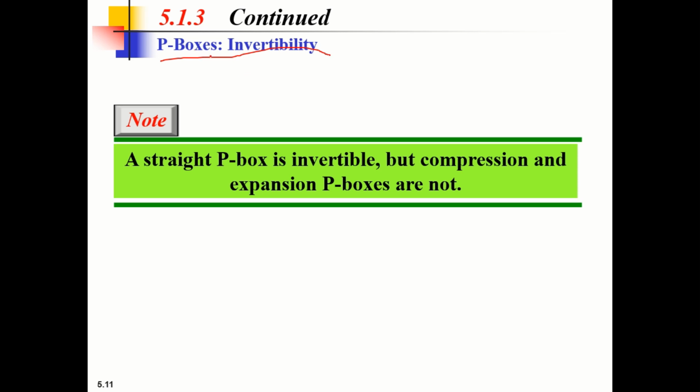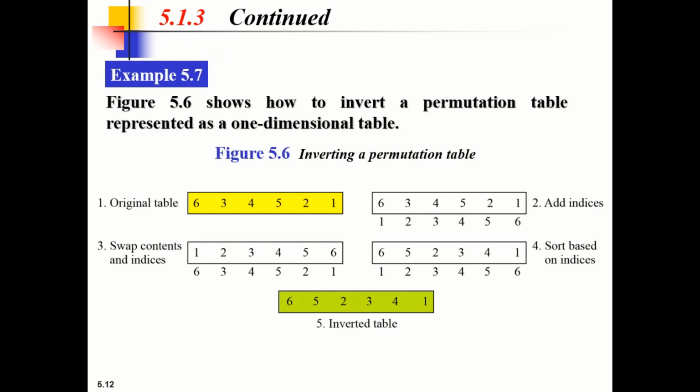So the technique which we are using at the encrypting end must be invertible at the decrypting end. Only then will we be able to decrypt the message. It says that the straight P box is invertible, but compression and expansion P boxes are not invertible. I'll show you with an example.